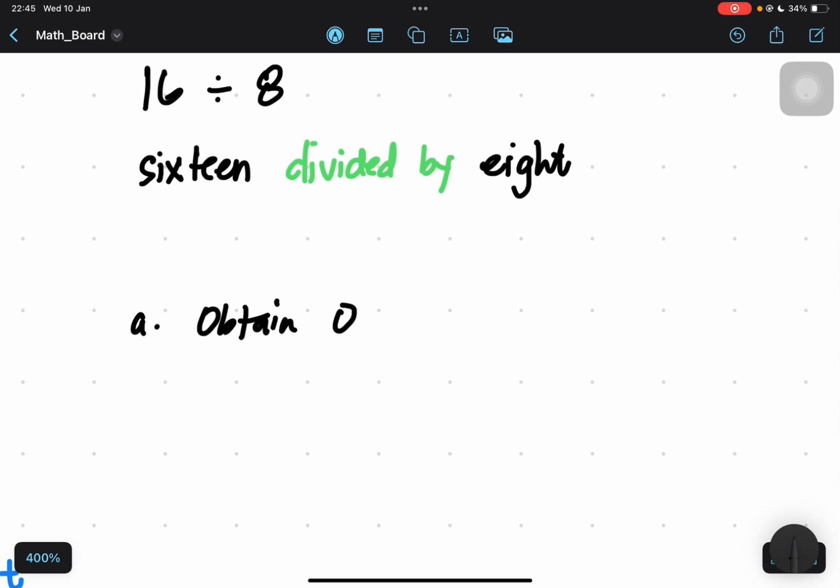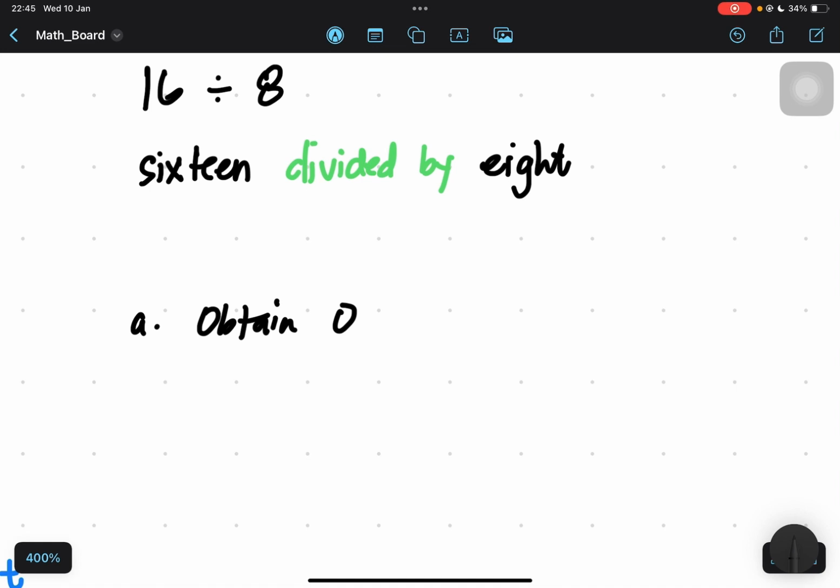Because to obtain a particular answer in the subtraction method, we must obtain the value of 0. Later, I will teach you how to obtain the answer using these rules.